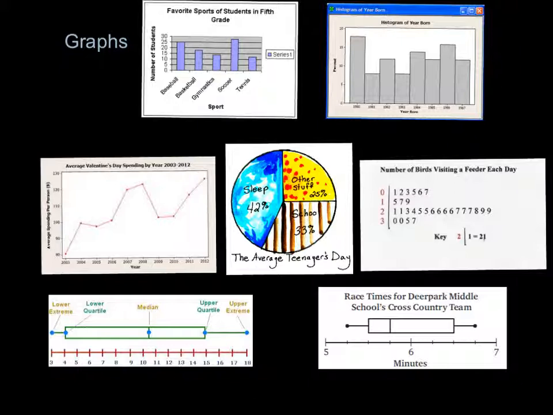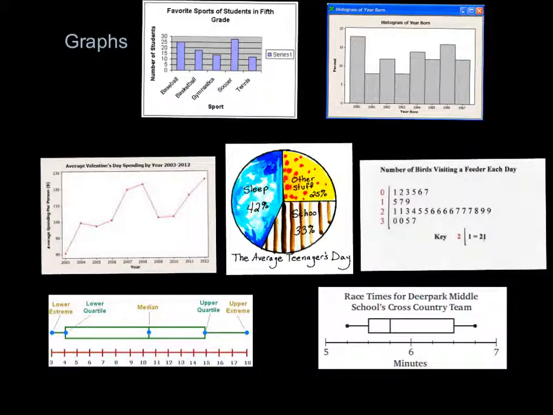All these different graphs you will learn about during class time. We have a bar graph which compares categories of data. We have a histogram that compares quantitative data. We have a time series graph, a pie graph, and a stem and leaf graph.